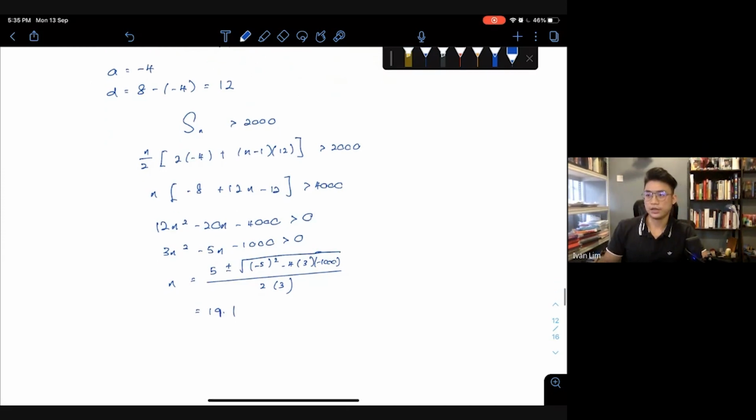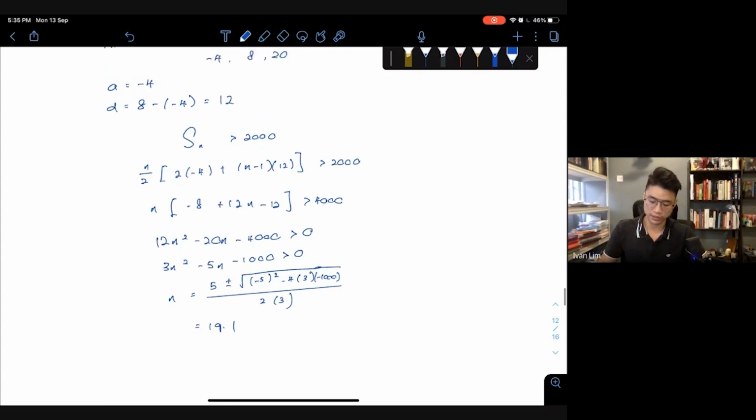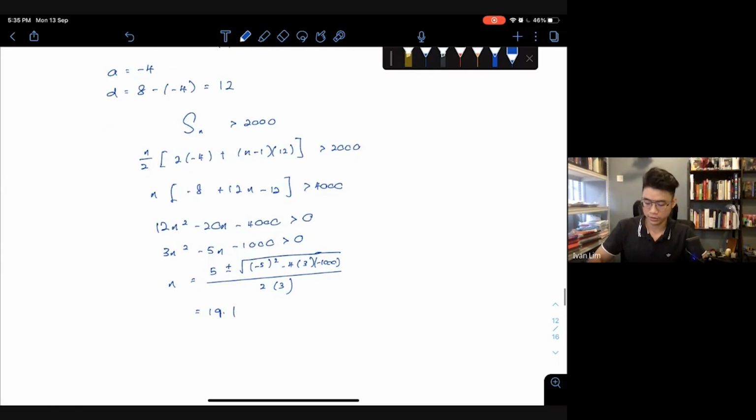Okay, and there's one more value. You can use calculator to double check it. I think the other one will be a negative value, right? Okay, the other one is -17.4, so we can straight away reject that one because your n cannot be negative. Then 19.1, don't use 19.1, it needs to be a whole number. So n more than 20.